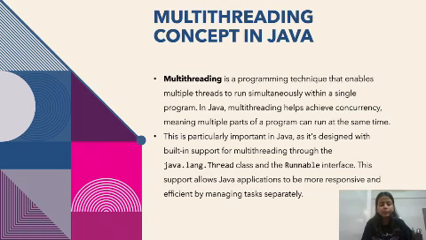Java's multithreading capabilities make it a popular choice for high-performance applications. Java is defined with built-in support for multithreading through the java.lang.Thread class and the Runnable interface. This support allows Java applications to be more responsive and efficient by managing tasks separately.